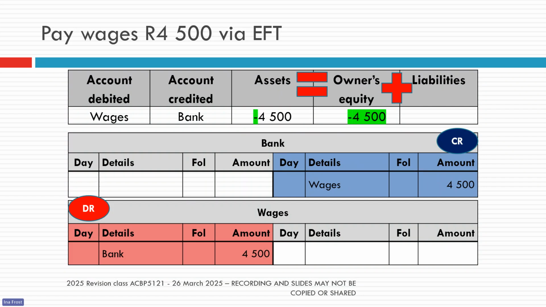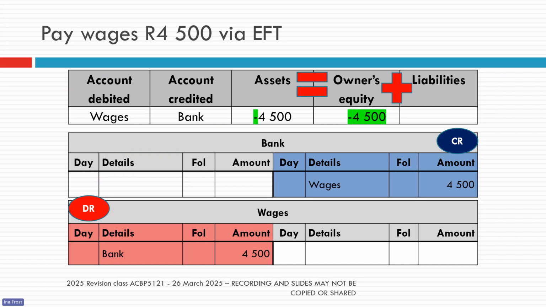But this is where students sometimes get a little bit confused, because if you look at the impact on the accounting equation, this can sometimes become a bit of a problem. I'm sure you're all happy to see I've made a minus under assets, because we're all in complete agreement that my assets are decreasing, I'm paying via EFT. But you'll see there's also a minus under owner's equity.